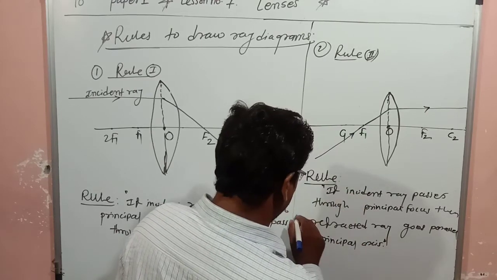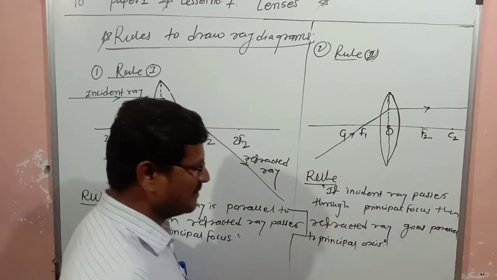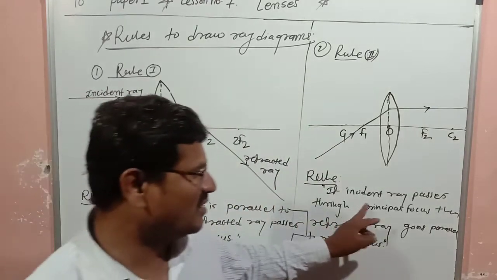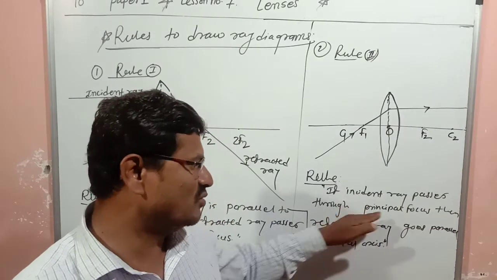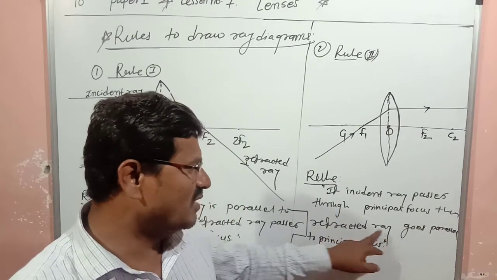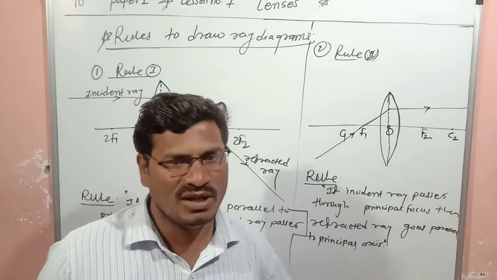Refracted ray goes parallel to the principal axis. So this one is the second rule. If the incident ray passes through the principal focus, then the refracted ray goes parallel to the principal axis.